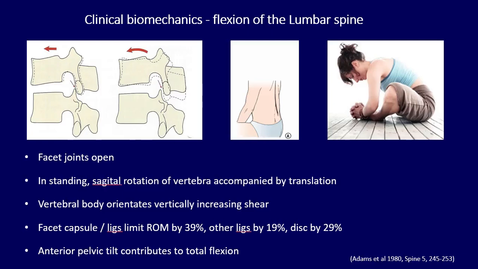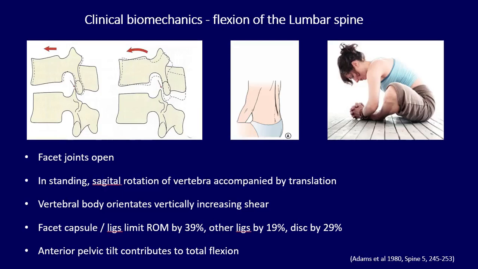So as the facet joint opens, if we are flexed and the whole body is angled forwards, as in a toe-touching movement, the forces created will shear the upper vertebra forwards in relation to the lower vertebra. And although this amount of movement is very little, it creates a shearing force on the facet joint, while the disc undergoes a compression force.